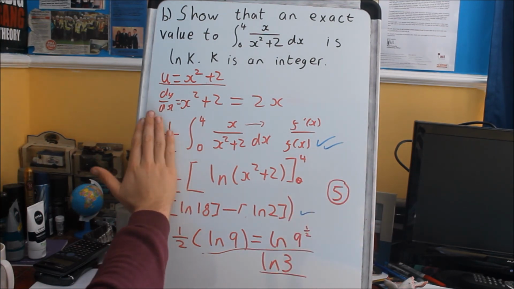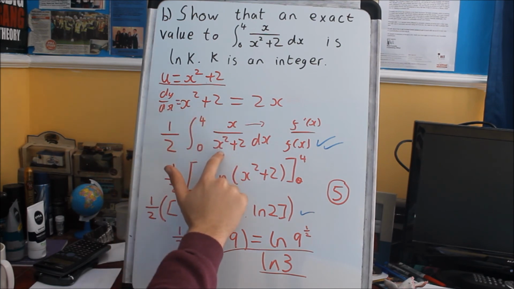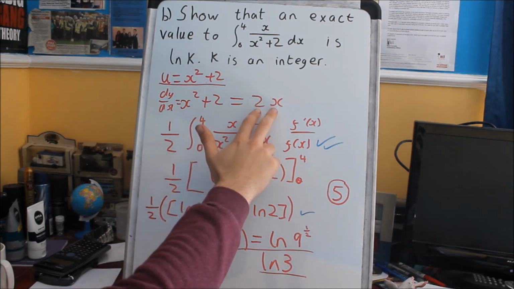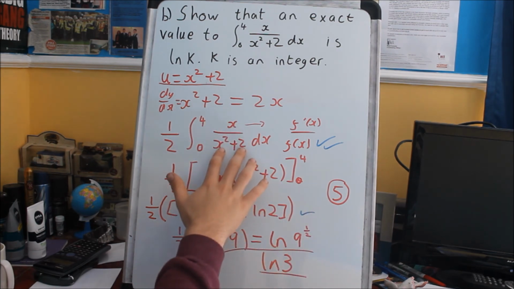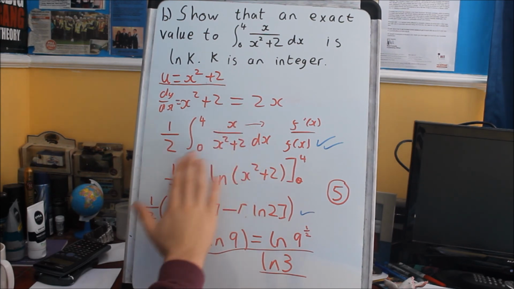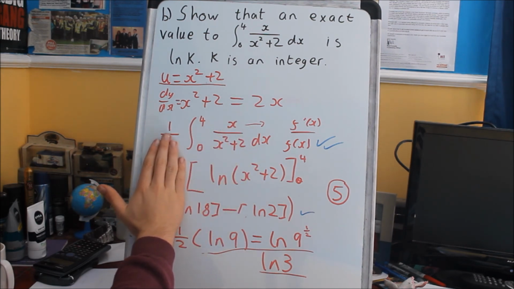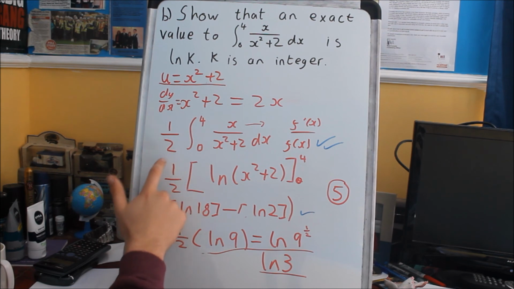You forgot that differentiating that would get 2x, and if you said, well, that's just the same as x, which is a silly thing to say if you think about it for a second, you would still have got a mark for doing that and omitting this half, and you get 2 marks if you remember the half. Then your 3rd, 4th and 5th mark.